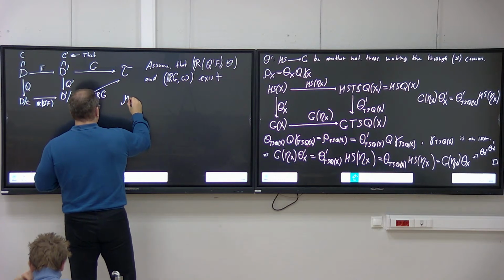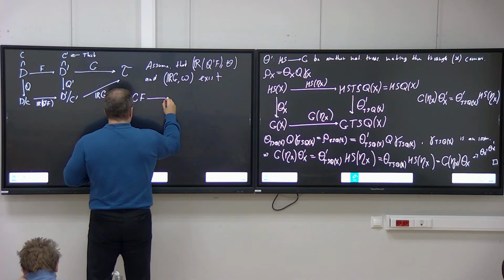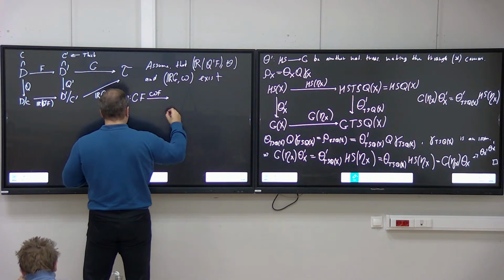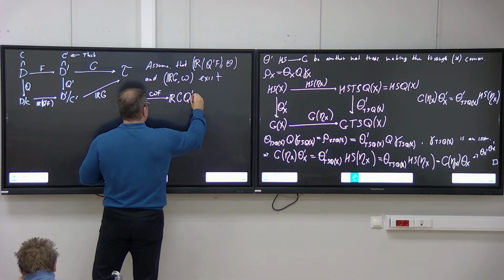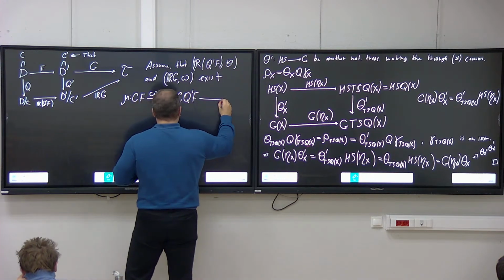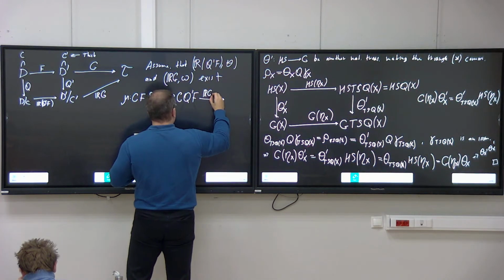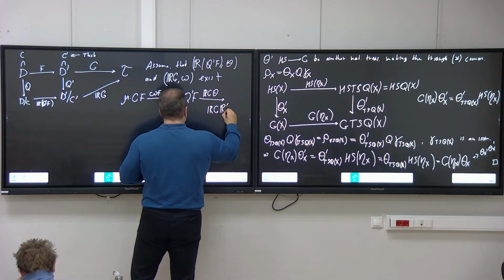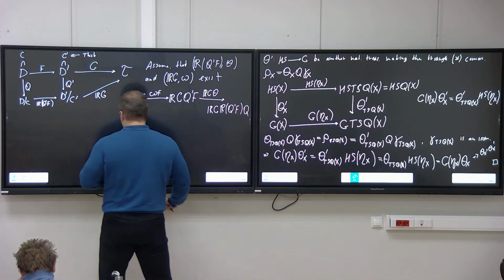So mu is a natural transformation from the composition of G and F. You take the natural transformation omega and compose it with the functor F. So this will go to R G Q prime F. And then you take the composition of RG and the natural transformation theta. So this will go to R G R Q prime F and Q.